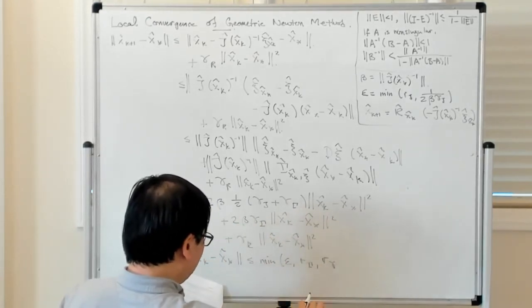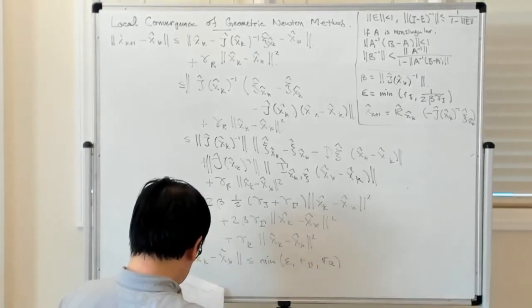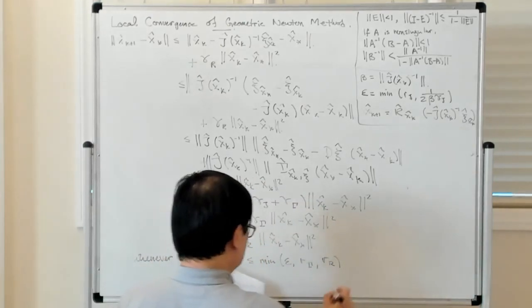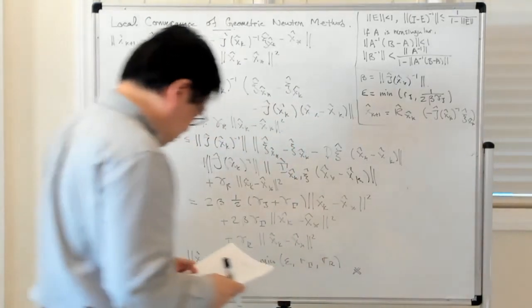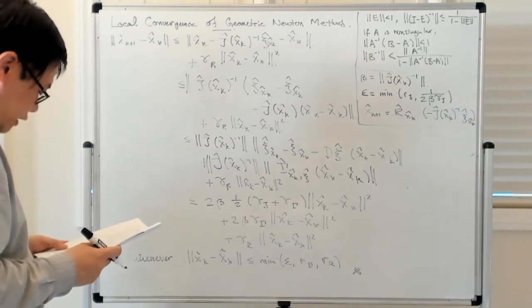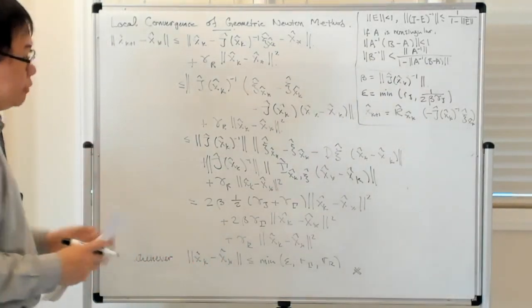All right, so this completes the proof. This shows that the geometric Newton method, which we've been discussing, has this quadratic rate of convergence. Okay, let me just stop here for now.